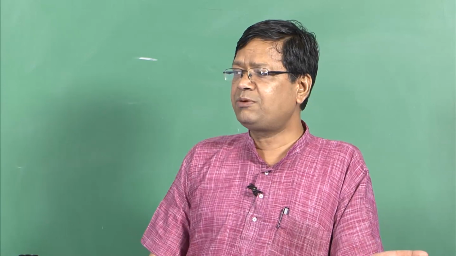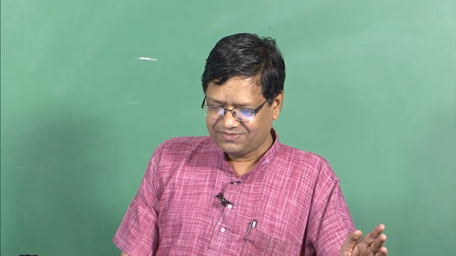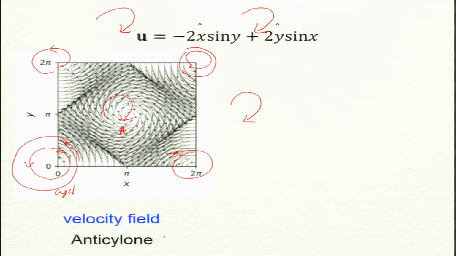Now since I already computed the stream function, right now I am more interested in the stream function, but I will show you later. The anticyclone in the middle, not everywhere, is at pi pi. This place in the middle has coordinate pi pi.